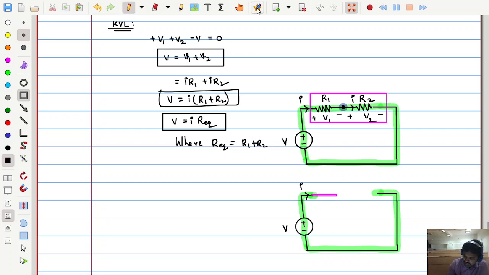We can replace that by one equivalent element like this, Req, whose current is I, whose voltage is V. So that V is equal to I into Req. This relationship holds good.